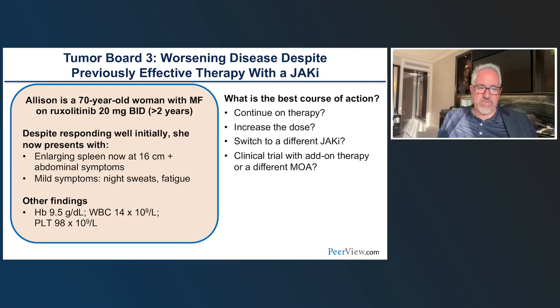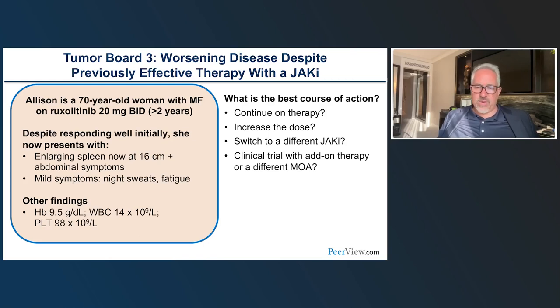The platelets are above 50,000. There's good evidence from the JAKARTA-2 study that probably, outside of a clinical trial, would be my first choice. Certainly there's data from PERSIST-2 that pacritinib could be considered in this setting as well. Undoubtedly, a clinical trial with an add-on therapy certainly would be very appropriate as well.